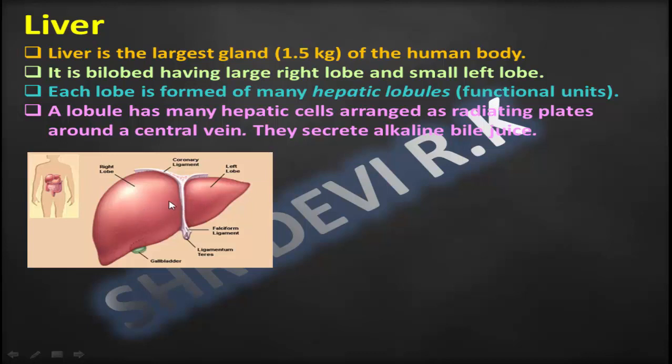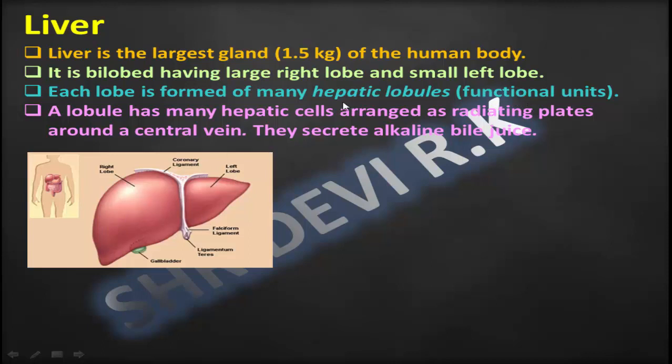Due to the presence of two lobes, the liver is called a bilobed structure. Each lobe of the liver is made up of hepatic lobules.